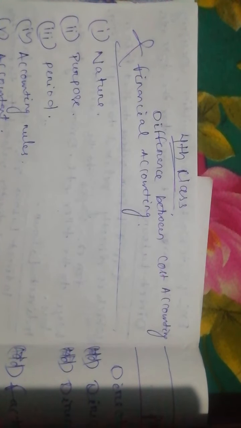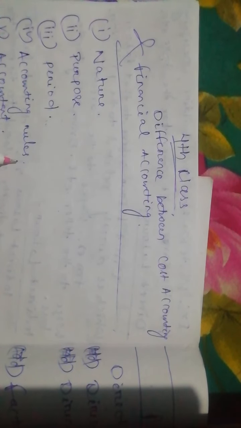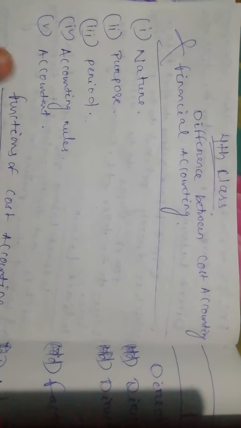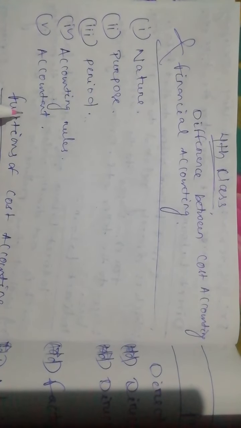Next point is accounting rules. In financial accounting, the golden rules of accounting are followed, but in cost accounting, no such golden rules are expected, because cost accounting does not deal with any type of golden rule. Next point is accountant.